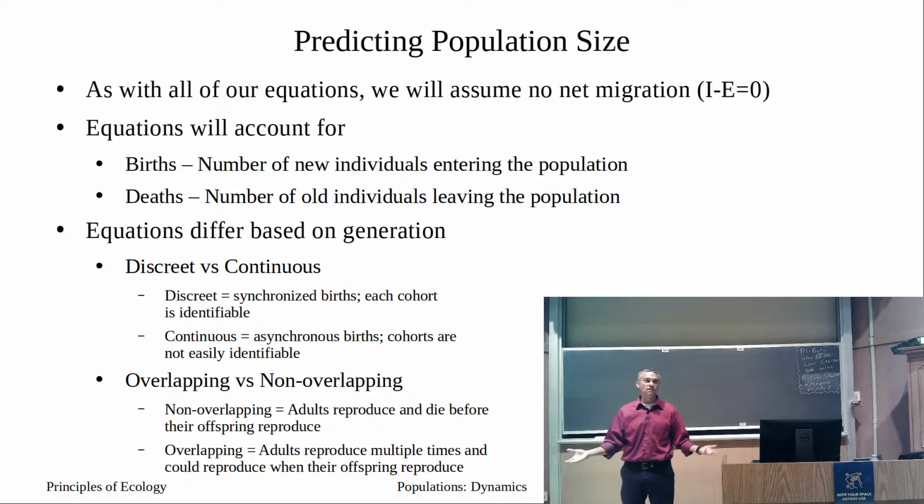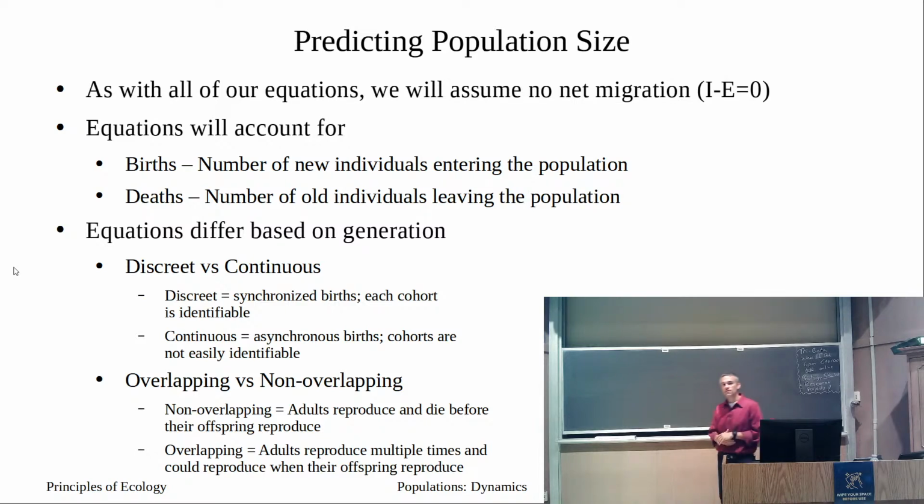It covers 12 months. It's very different than our discrete generations, where we reproduce in basically like a week or maybe 2 weeks. And so with our continuous births, we don't have the synchronized births, and thus our cohorts are going to be very difficult to identify.